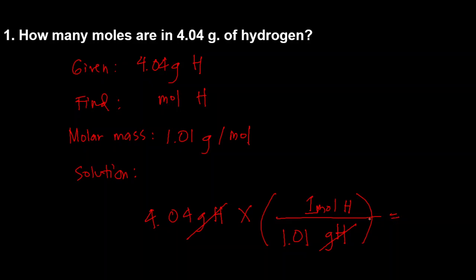Then you can multiply 4.04 times 1, that's obviously 4.04 over 1.01. The unit is mole of hydrogen. Then divide 4.04 by 1.01. The answer is equal to 4 moles of hydrogen. By the way, the abbreviation for moles is mol. So the answer for this one is 4 moles of hydrogen.